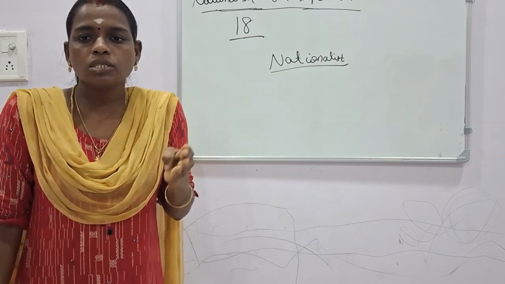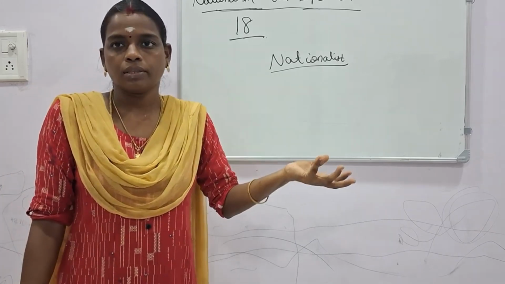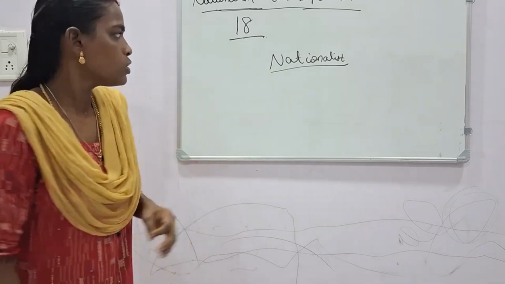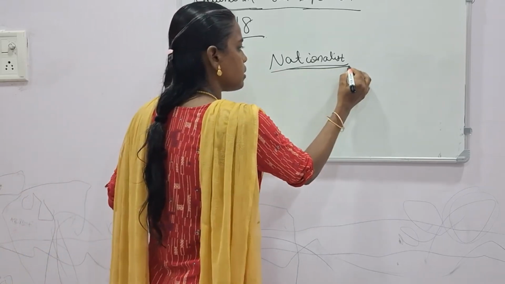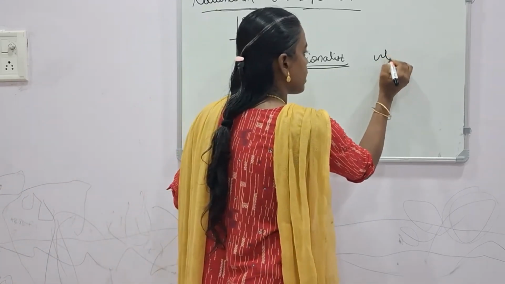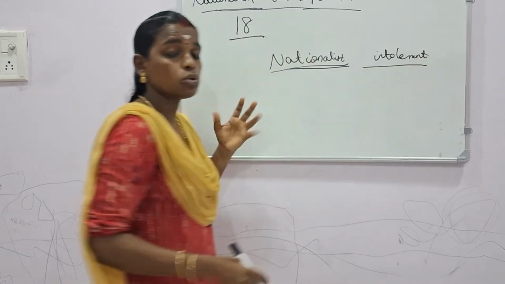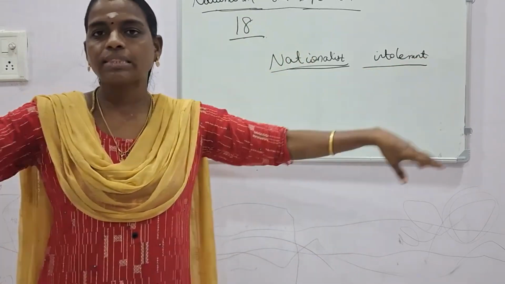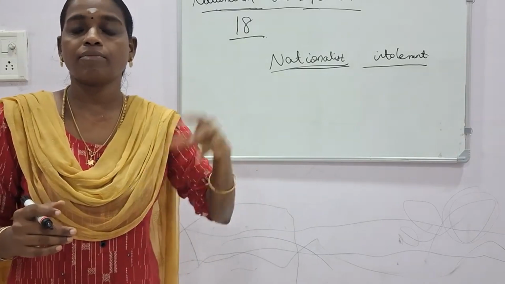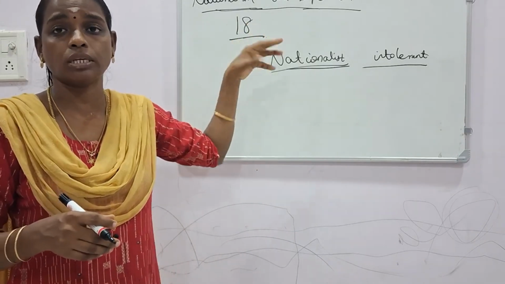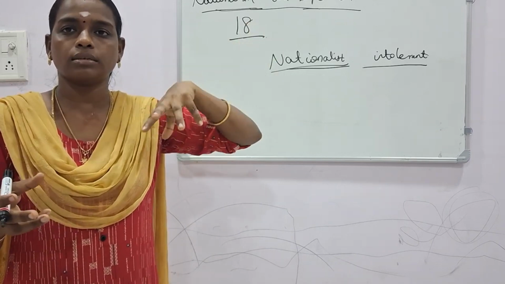When they do something against the country, that wasn't called nationalism. So these intolerant nationalist people were ready to go to war and were fighting among themselves. Once upon a time they were together, but by the end of the 18th century, they fought among themselves.